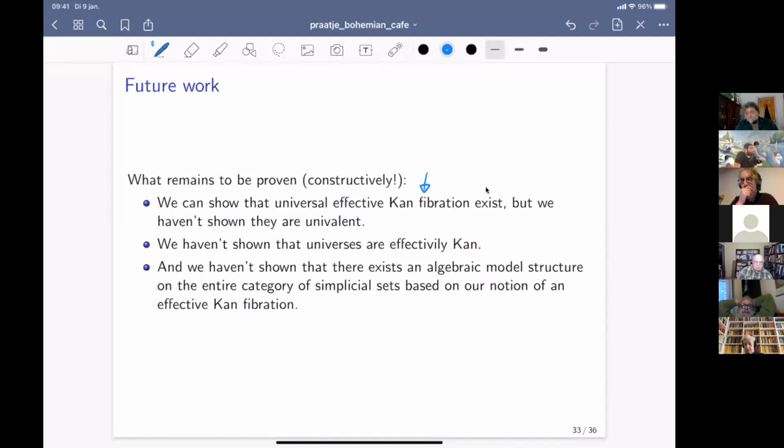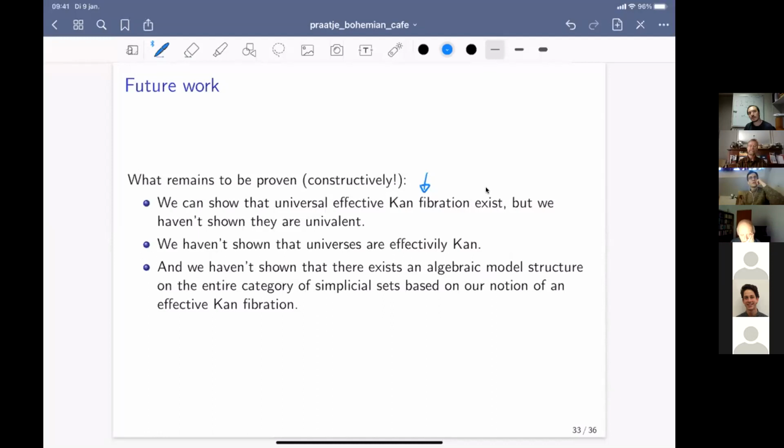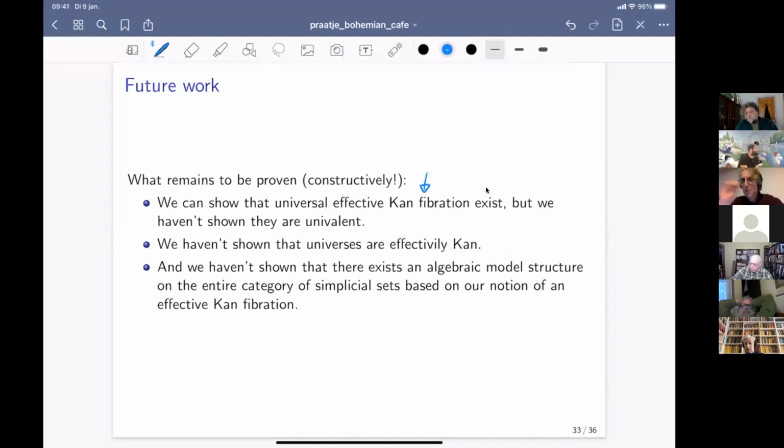The difference is that they have a different definition of what a Kan fibration is, right? I wouldn't be able to point to an exact point in our paper where we work around this issue, but I think the uniformity conditions take care of this. Okay. I see.